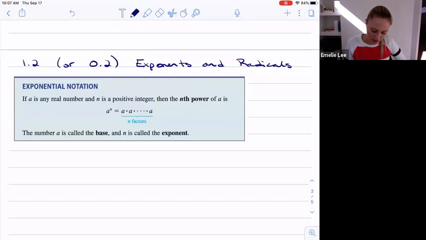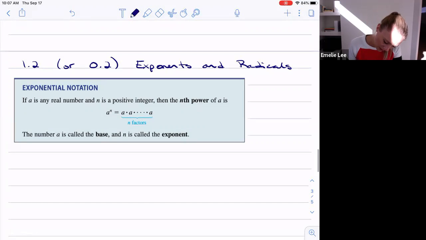Hopefully it's all good. If you've got the same thing multiplied over and over and over again, let's say 5 times, then the thing being multiplied is our base, and then we raise it to the power or the exponent.